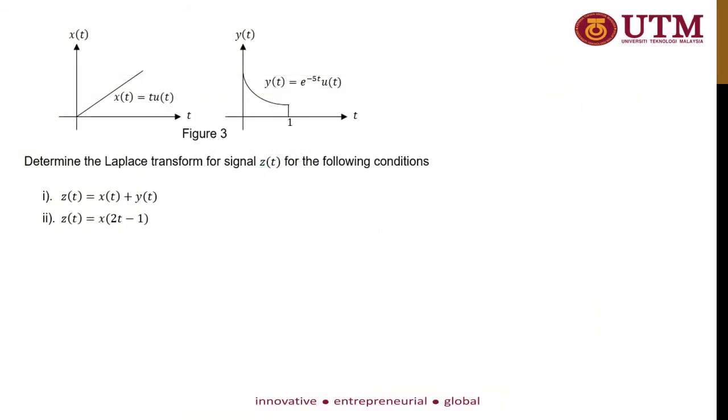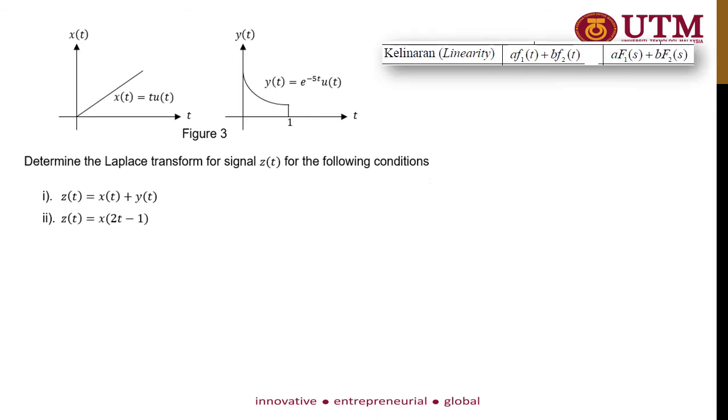Okay, let's look at this question. Determine the Laplace transform for z(t) for the following conditions. So the first condition, z(t) equals x(t) plus y(t). So you need to get Z(s). In this case, again, refer to the table. What types of equation may you have in the s domain?